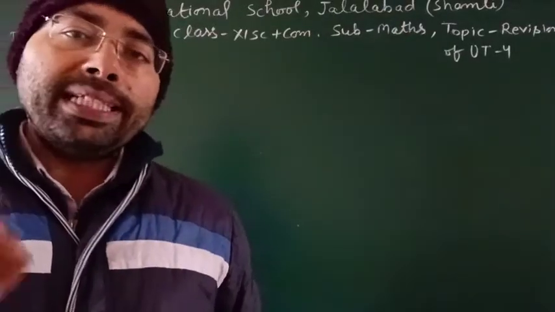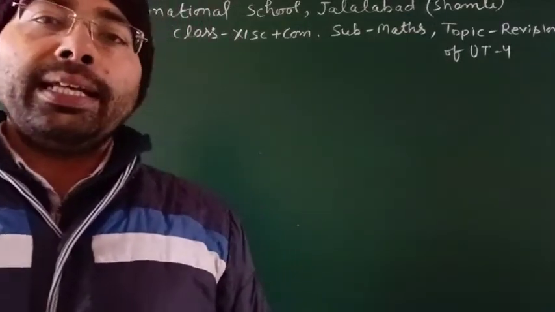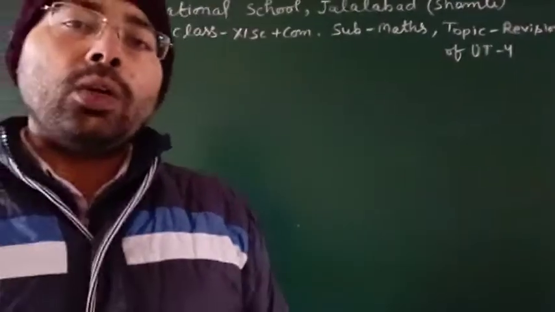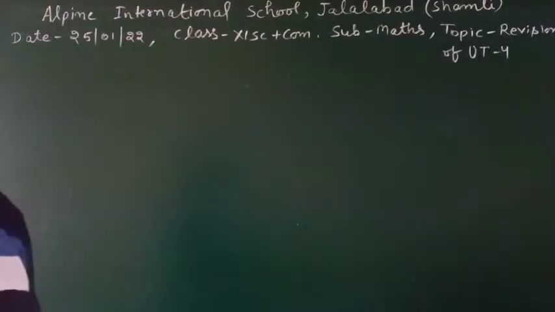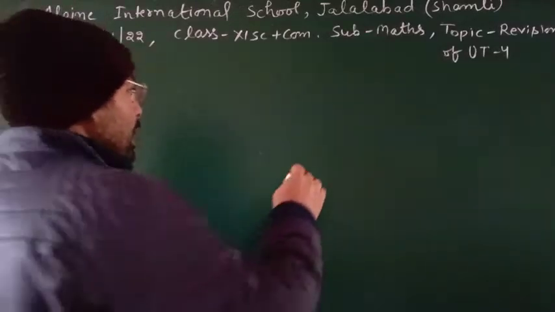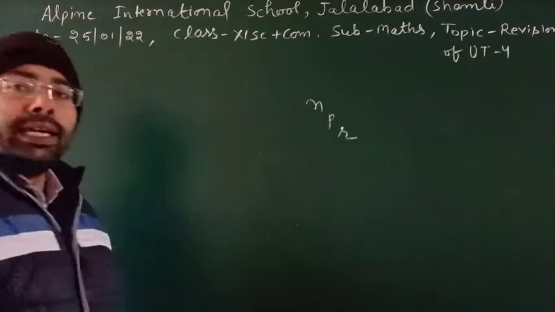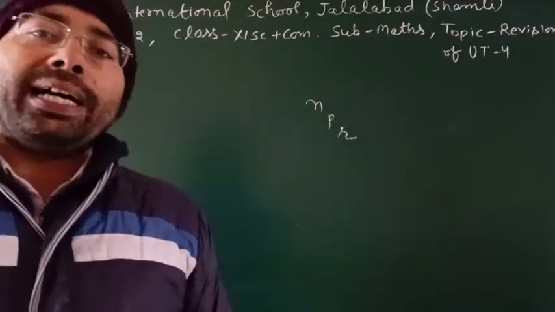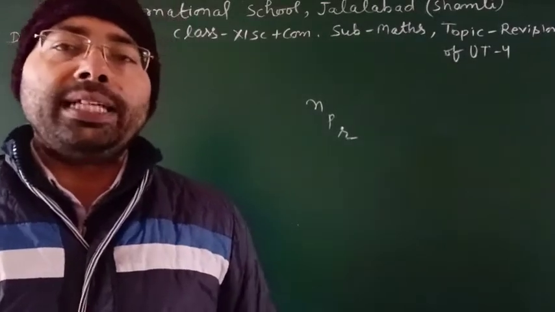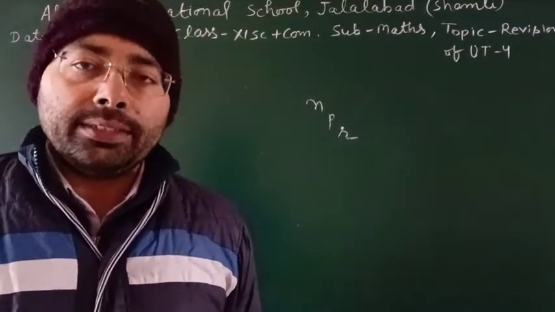So the basic definition of permutation is whenever we are arranging r objects out of n objects, then permutation will be represented by nPr, and this nPr will be written in this way. So if we are selecting r objects out of n objects, then nPr refers to the permutation.